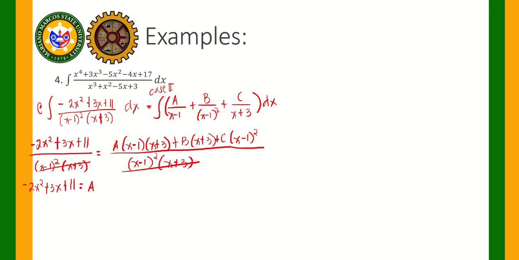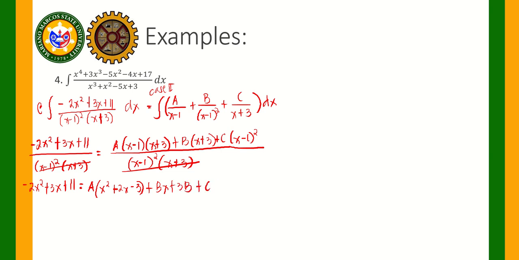So, we simplify further. This will be equal to a times x minus 1 times x plus 3, that will be equal to x squared plus 2x minus 3. And then plus bx plus 3b. Dinistribute ka na since linear naman to.